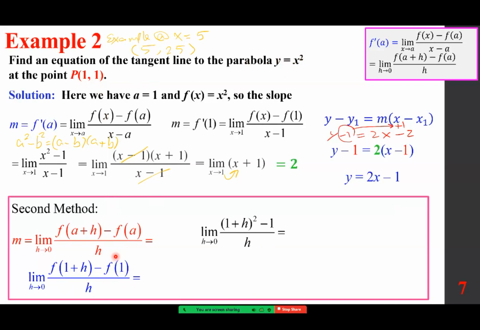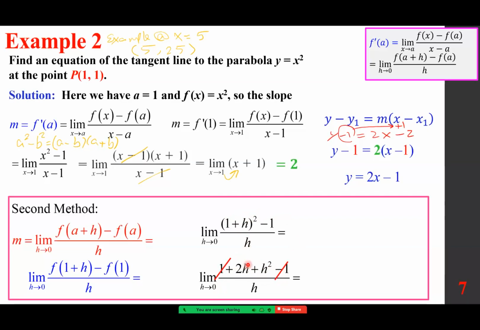And again, you square this. By now, it should be a piece of cake. 1 squared is 1, plus 2 times 1 times h is 2h, plus h squared, and this doesn't change. So you're squaring this piece, 1 plus h quantity squared, and you get this. So 1 cancels out the negative 1.